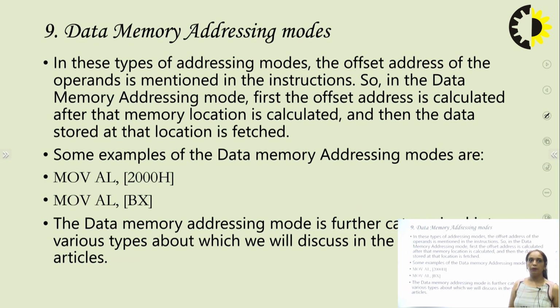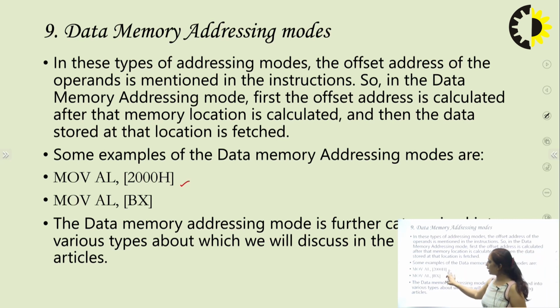Then we have data memory addressing mode. In this type of addressing mode, the offset address of the operand is mentioned in the instruction. So first the offset address is calculated from the memory location, and then the data stored at that memory location will be fetched. For example, MOV AL, [2000H].